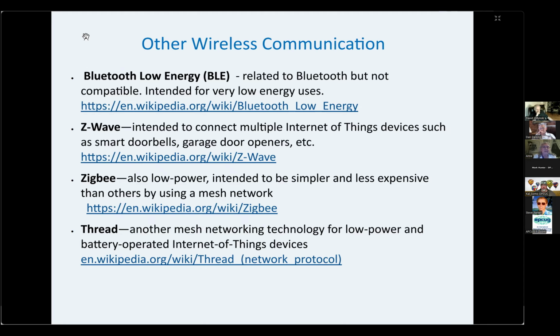And Zigbee uses a mesh network to do the same thing, and it's supposed to be simpler and less expensive. And there's another one called Thread. It's for battery operated, low power devices. I had not heard of any of these, and if some of you have and know what they might be good for, speak up now.